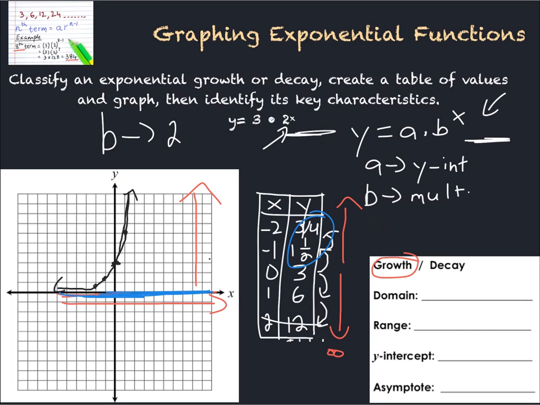We call that an asymptote. So in this case, what would our asymptote be? It would be y equals 0, because that is a line that we are going to be approaching, but we're never going to touch. We're going to get close to it, but we're never going to cross it. What would the range be? Remember, range was y. And what is this graph doing?